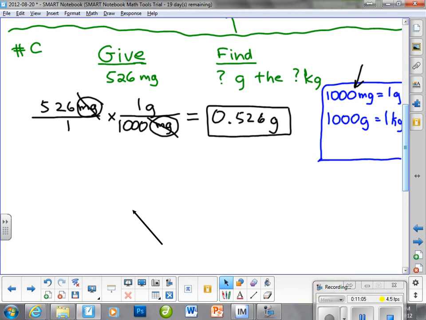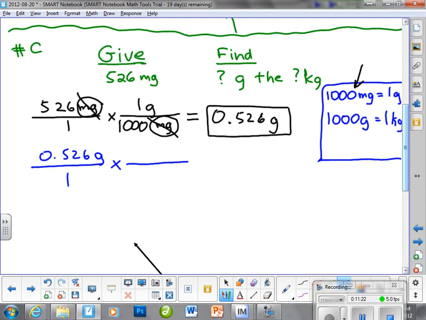Now, my first answer is going to become my given for the next fraction. So we're going to start with 0.526 grams over 1. And what's at the bottom of that next fraction?